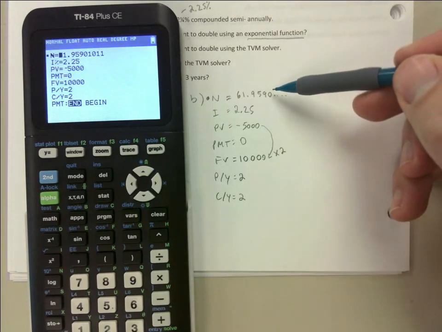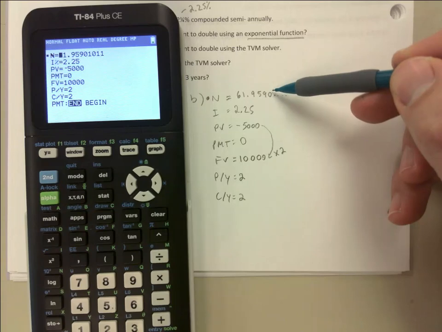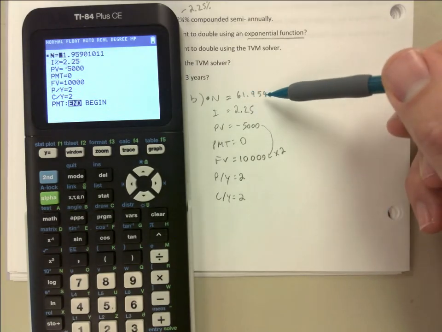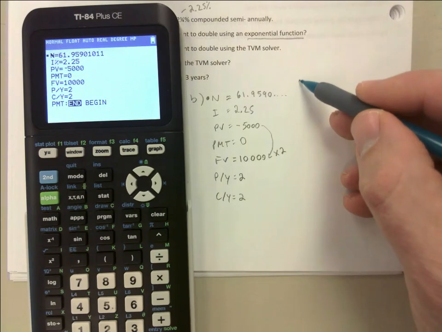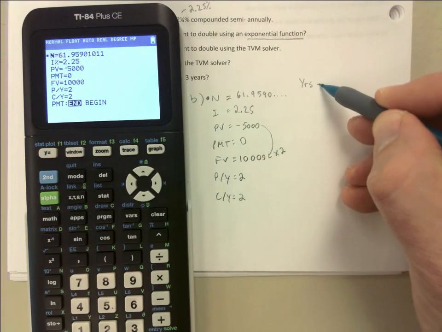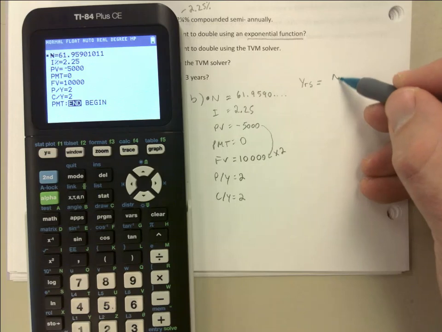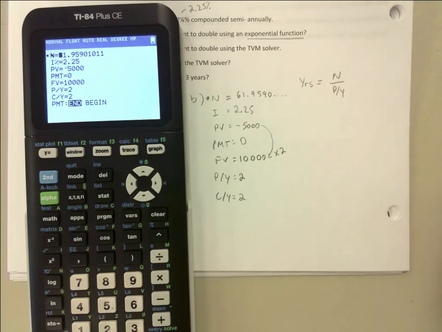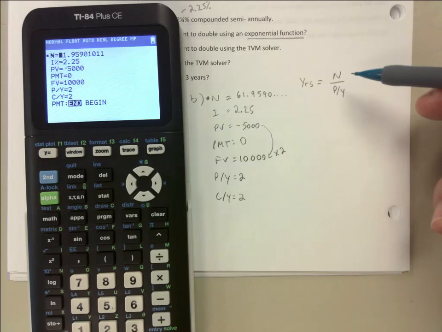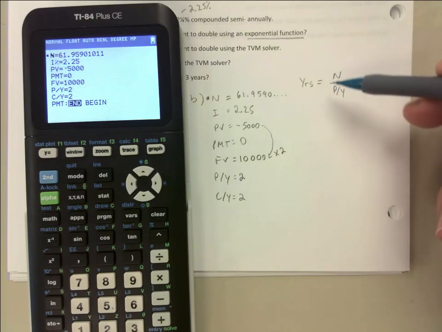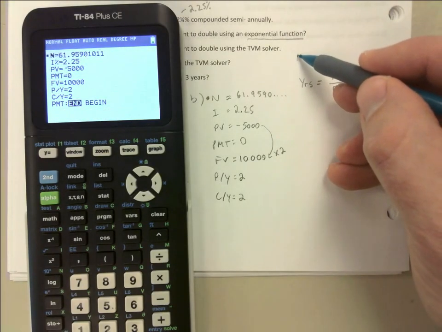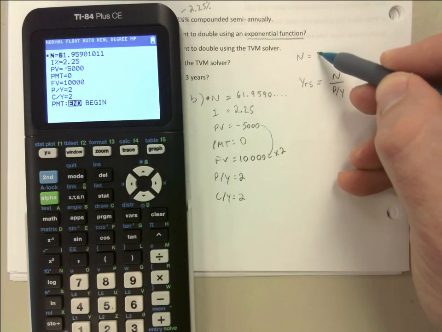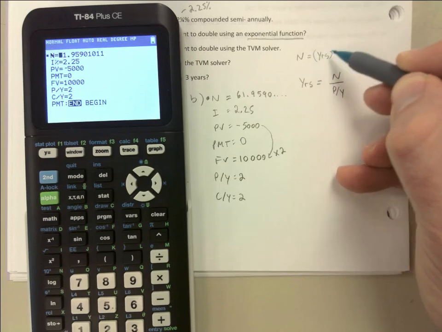But that's not the years. Okay, that is not the years. This is years times PY. So to figure out the years, we have to go N divided by PY. Does this make sense? It's too early in the morning, right? Because remember, N is always years times PY.